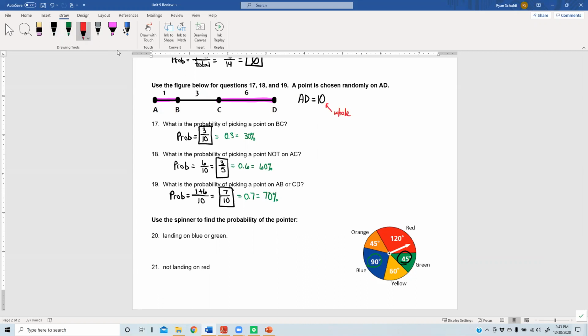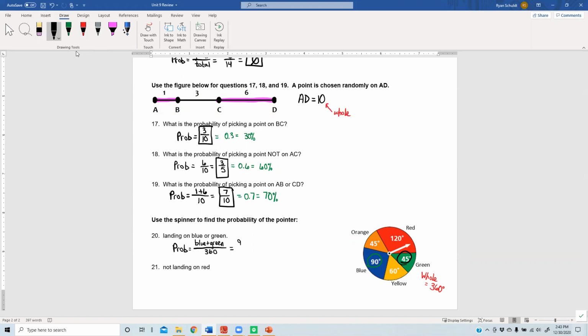What's the whole shebang on the spinner? The whole is 360. The whole thing is 360 degrees. So probability of blue or green, that means the probability is equal to blue plus green divided by 360. Because that's the whole thing.